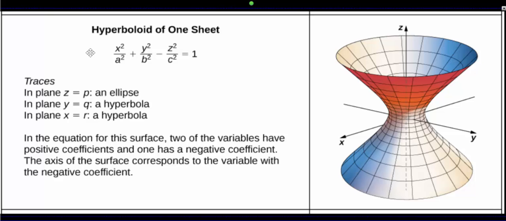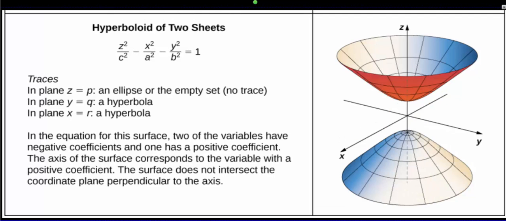Now look, this term is positive, this term is positive, then minus one of these square terms, in this case z squared. Notice there's one minus: hyperboloid of one sheet. So far, we've got the ellipsoid and the hyperboloid of one sheet.